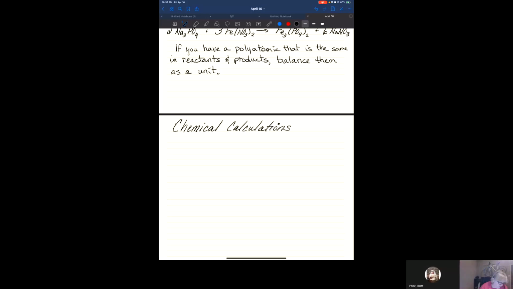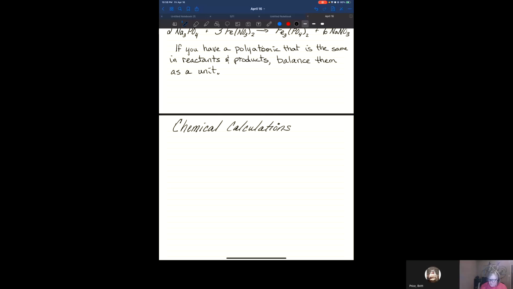Chemical calculations is an area that students sometimes struggle with. I will admit that. Chemical calculations are really unit conversions, and they're very specific sets of unit conversions.